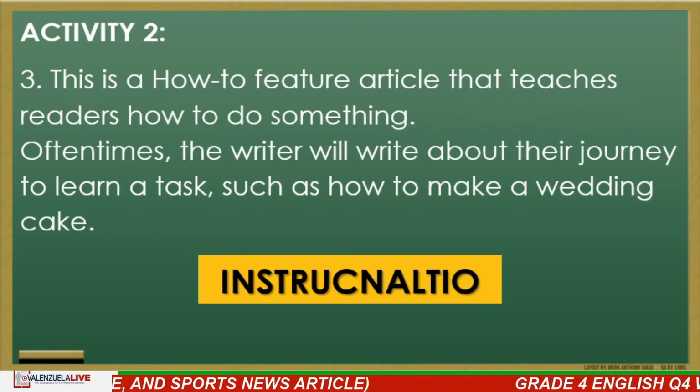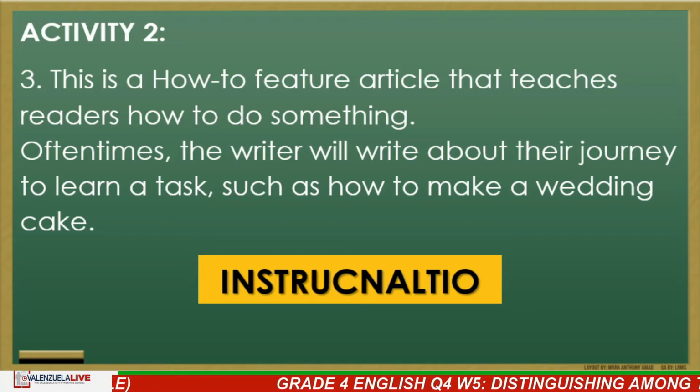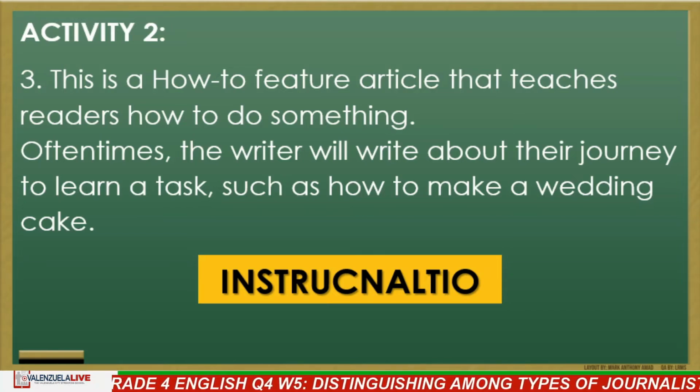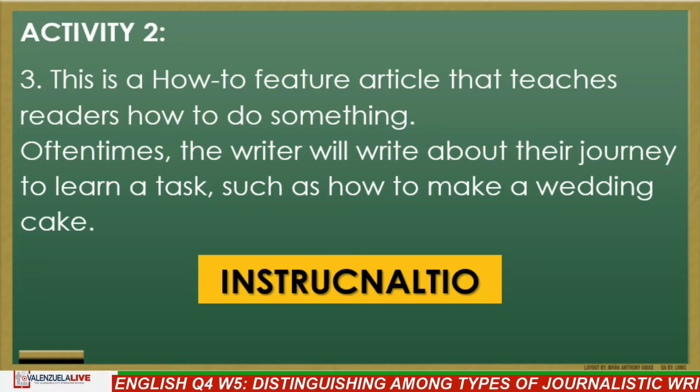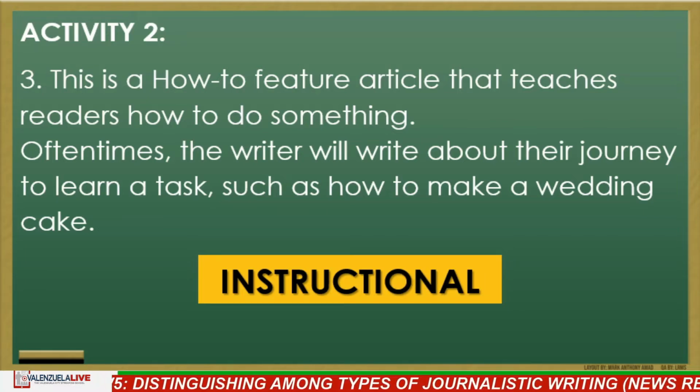This is a how-to feature article that teaches readers how to do something. Oftentimes, the writer will write about their journey to learn a task, such as how to make a wedding cake. If your answer is instructional, you are correct.